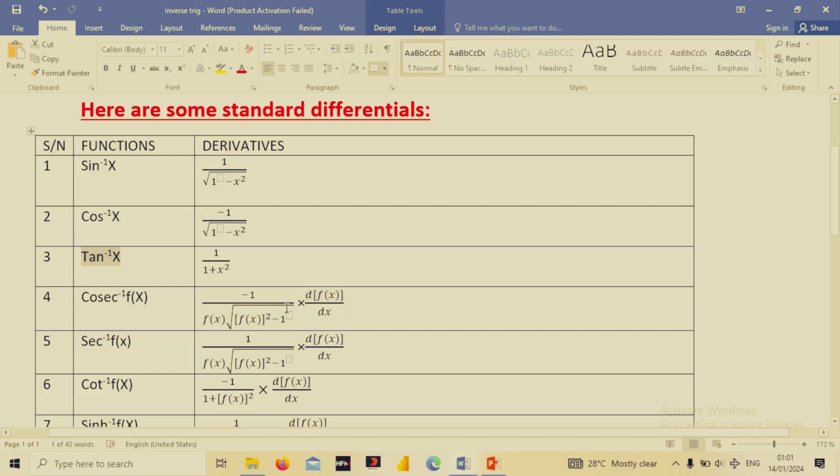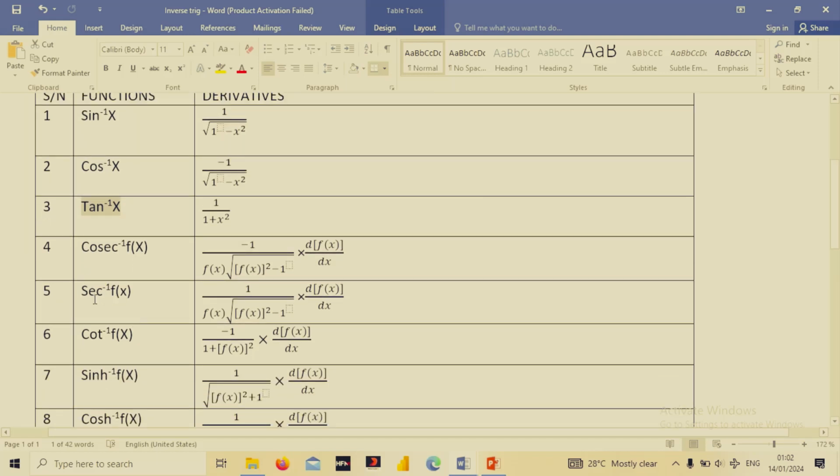I think you understand that cosec inverse of f of x is equal to minus 1 over f of x times the square root of f of x squared minus 1 times the differentiation of f of x with respect to x.